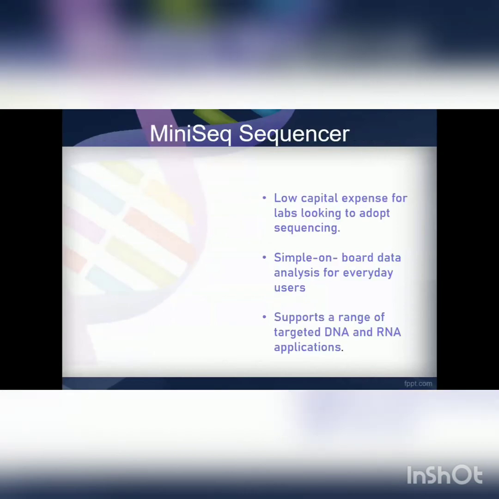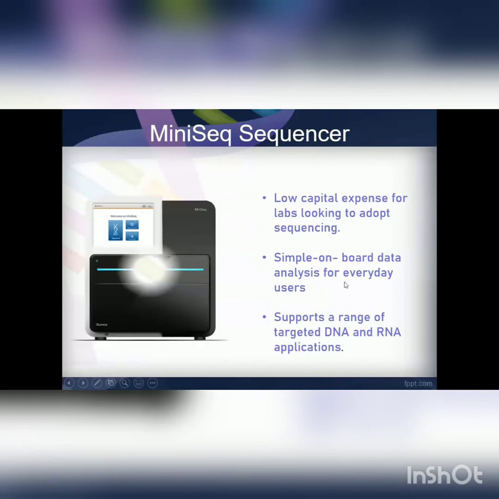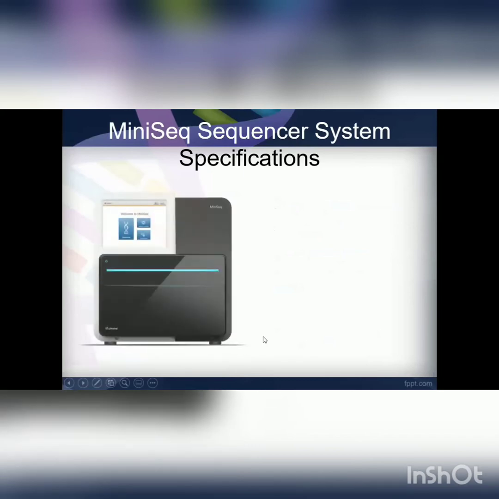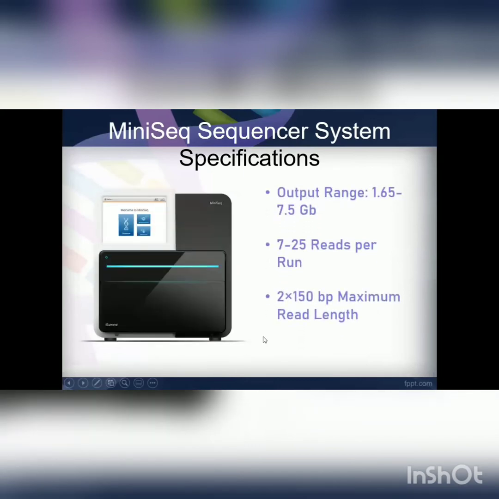Coming to the next sequencer called the MiniSeq, this is a relatively inexpensive sequencer, and it can be used for simple data analysis for everyday users. It supports a range of targeted DNA and RNA applications. The system specifications for the MiniSeq include an output range of 1.65 to 7.5 GB. It can perform 7 to 25 million reads per run, and it has a maximum read length of 2 into 150 base pairs.